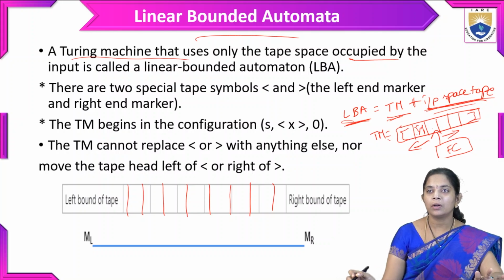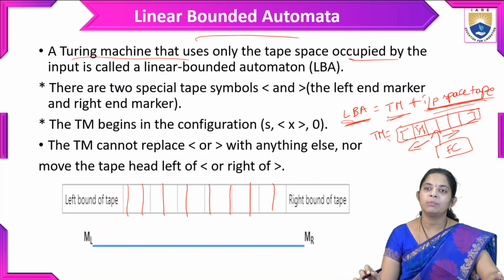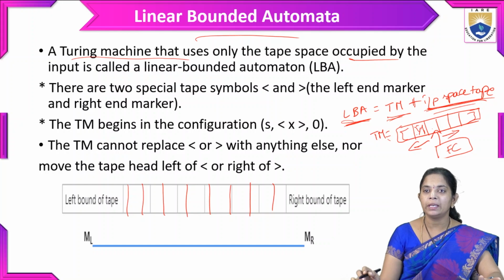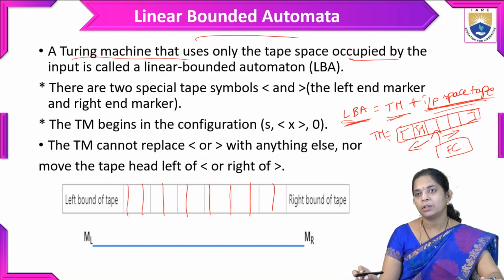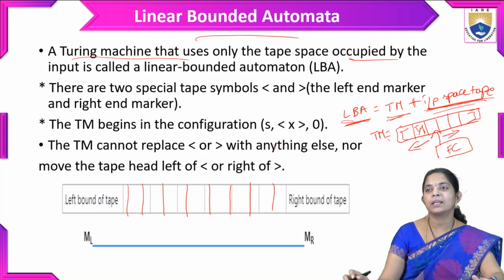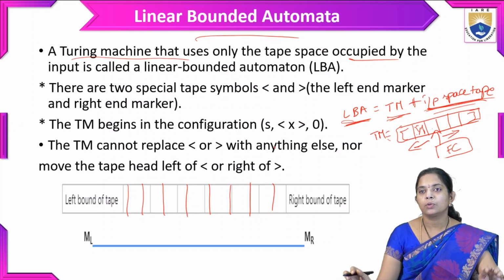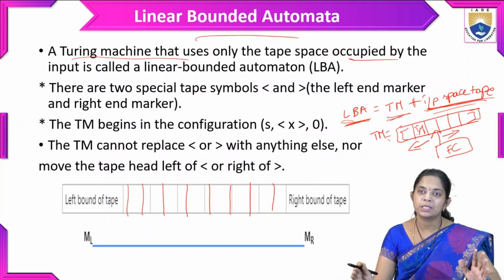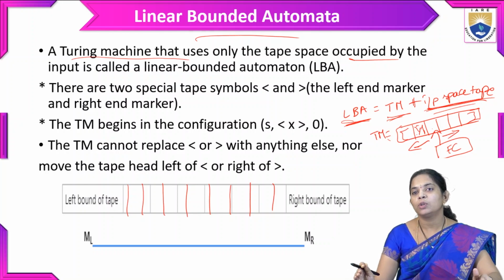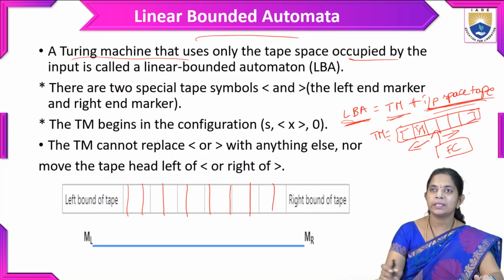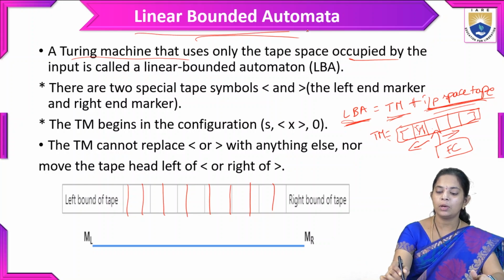Additionally, instead of the blank symbol B, we are going to use a left hand marker and a right hand marker. To bound the input space, we use these two additional symbols, and that's why it is named the linearly bound automata.